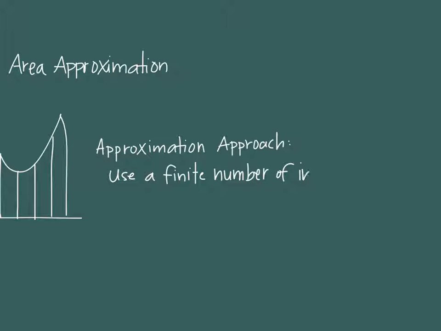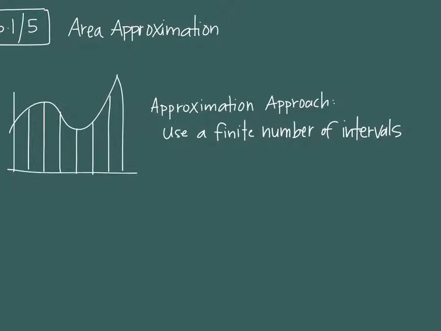The greater the number of intervals, what would happen? More accurate, right. The fewer the intervals, the easier the math, but the worse your approximation was. Now we're going to cover 3 different kinds of intervals.